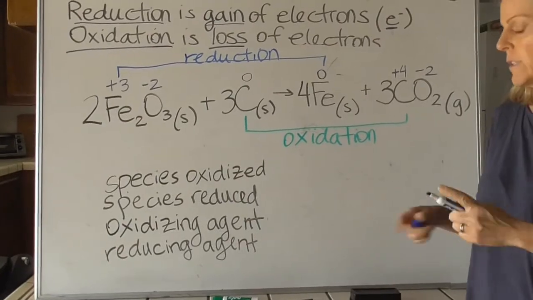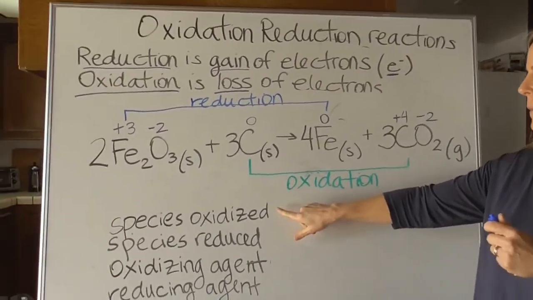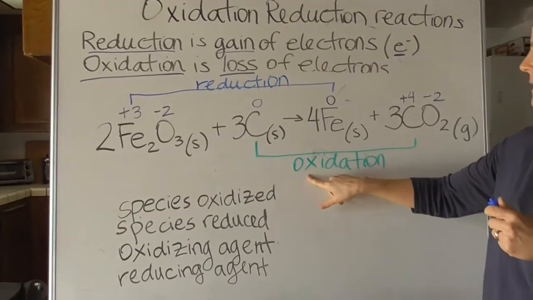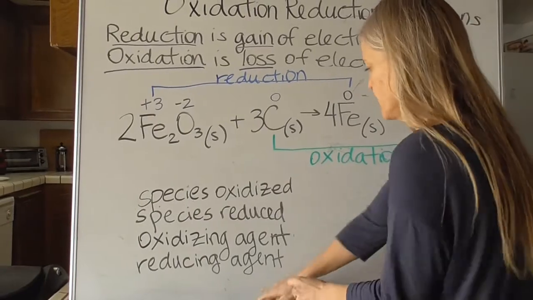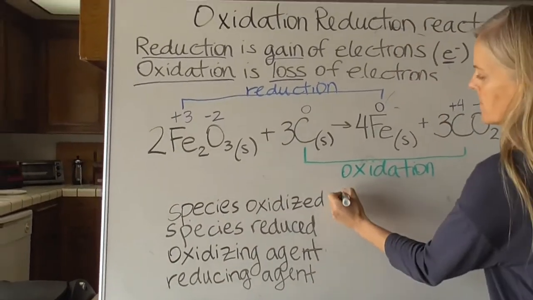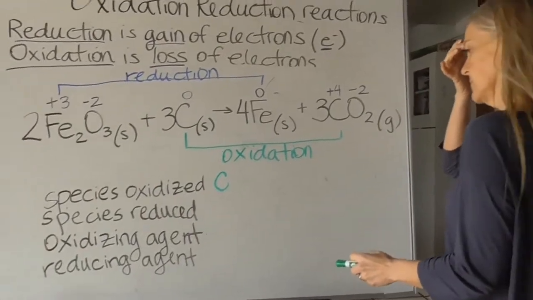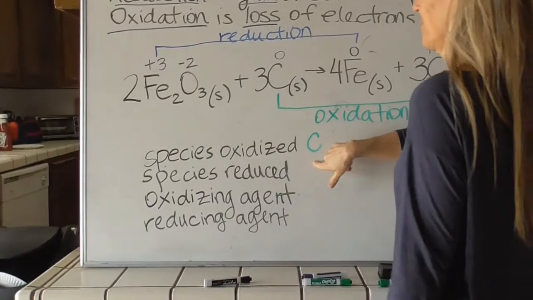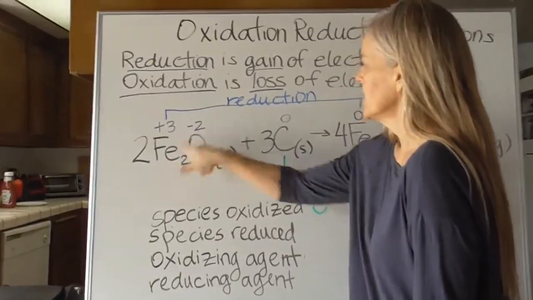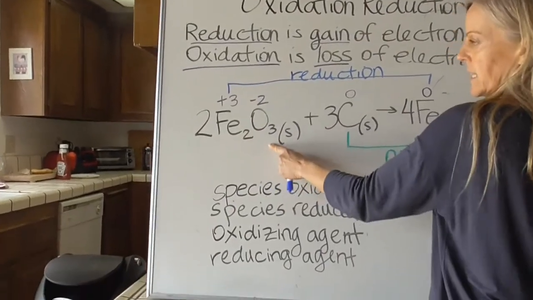So what got oxidized? What got oxidized is the carbon. So the carbon atom was oxidized. What got reduced? The iron got reduced. So it's just the iron atom, right? It's not this whole thing that got reduced.